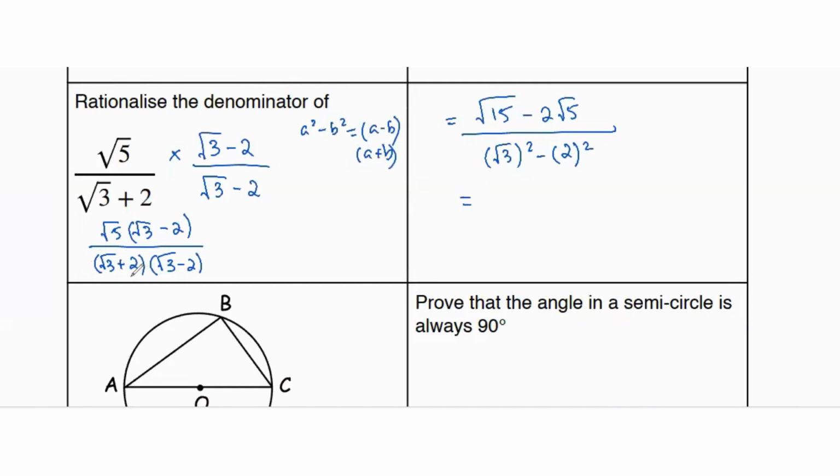So that's why root 3 plus 2 times root 3 minus 2 becomes root 3 whole squared minus 2 squared. Root 15 minus 2 root 5 over 3 minus 4. Square of a square root number is the number itself. So we have 3 minus 4, which is root 15 minus 2 root 5 over negative 1, which makes it 2 root 5 minus root 15.